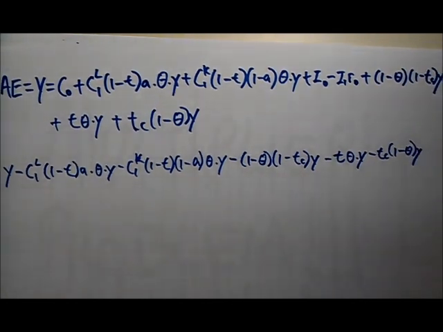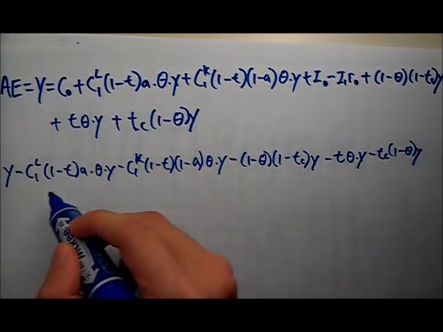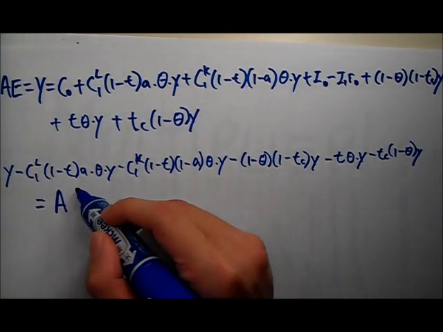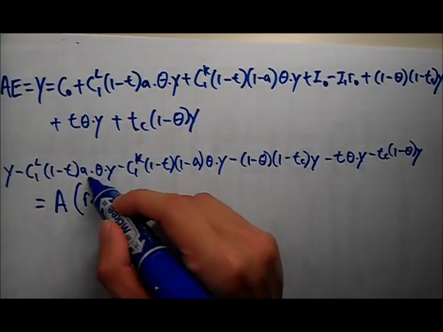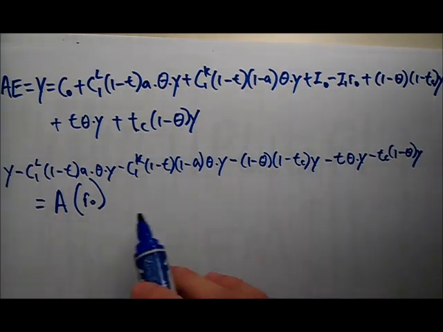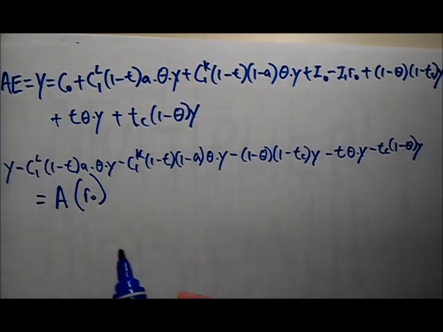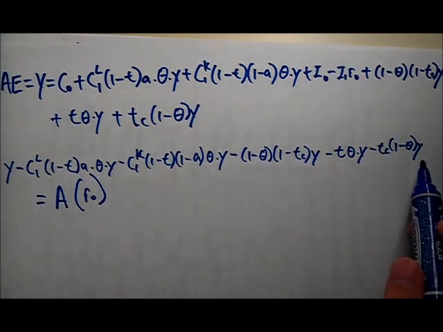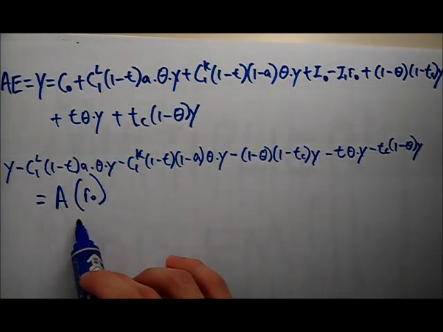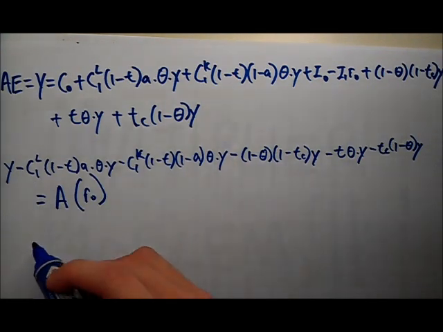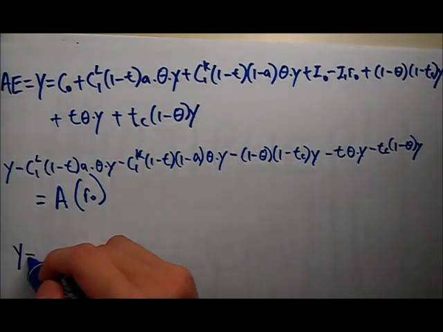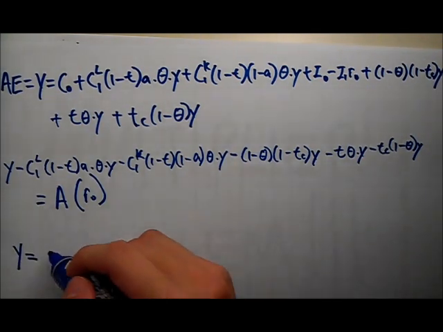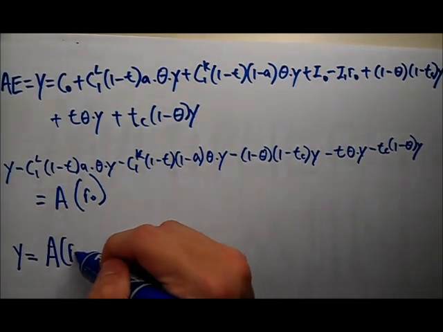It's still as long, but then this whole thing is going to equal A, which is a function of interest rates. Now we're going to factorize y out of this, and the rest is going to be thrown over to the right hand side as the multiplier. So y equals, I hope you can visualize this, A R naught.